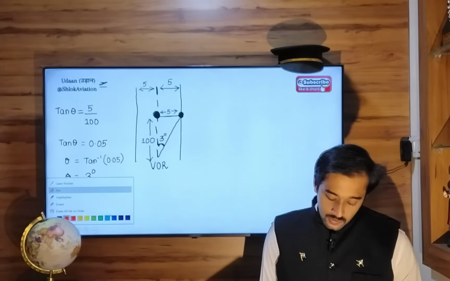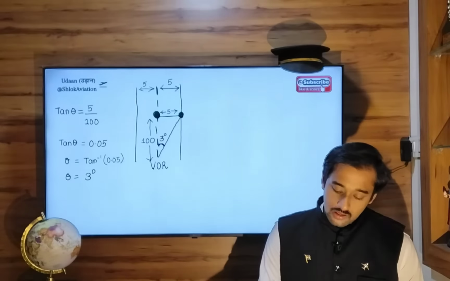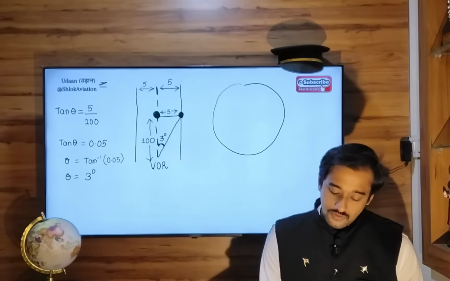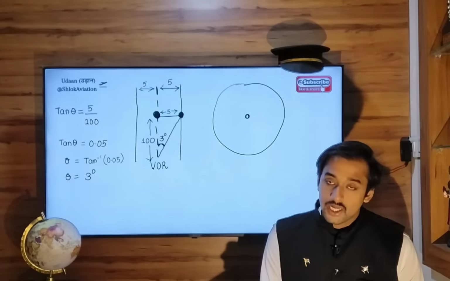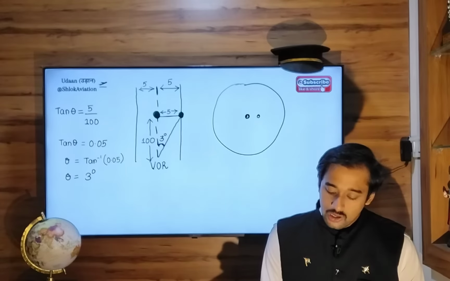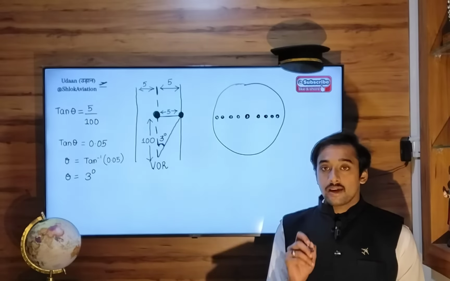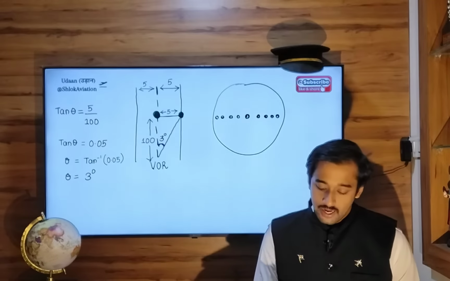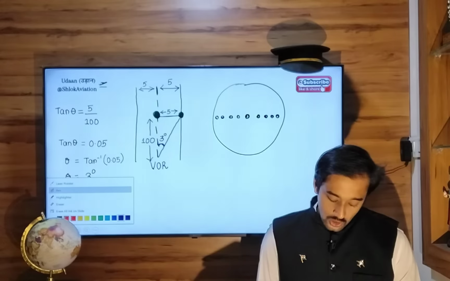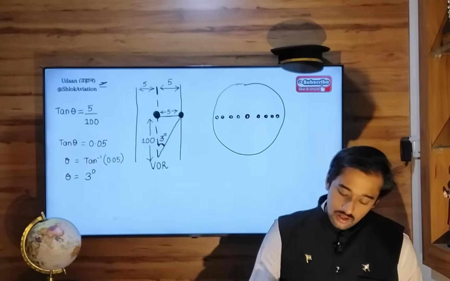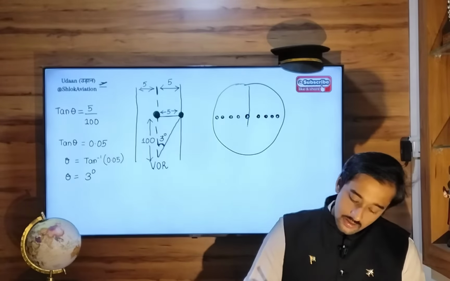Now let's draw the OBS selector. We know it is this, and then it has a center dot, and there can be dots, 4 dots to its right hand side, 4 dots to its left hand side. Now when you're flying strictly on the center line of a radial, the CDI needle, the course deviation indicator needle, will remain in the center.